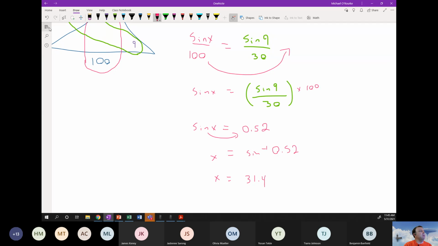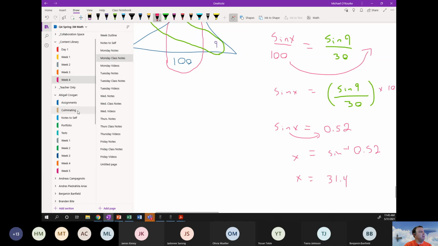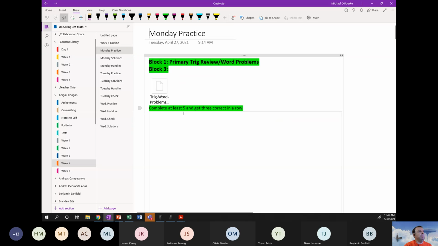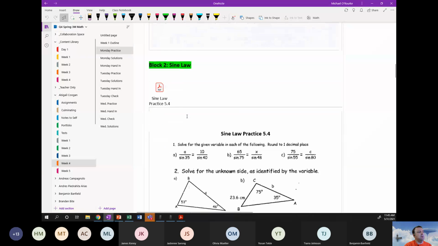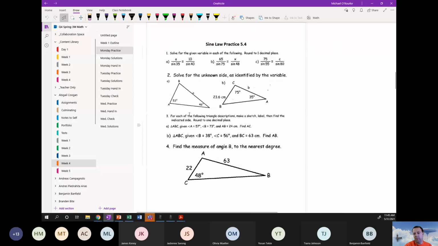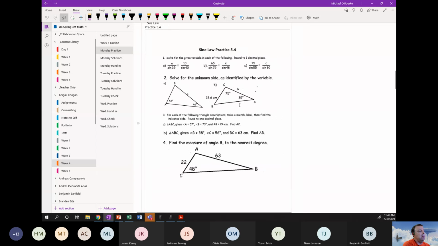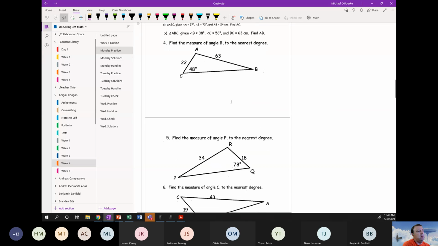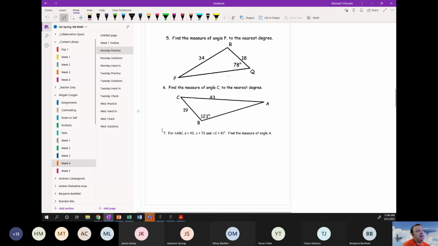So let's take a look at homework real quick. Make sure I touch everything you need to know. Monday practice. Yeah, I just need help with your calculator, Yosan. Some of these you have to draw the triangle. They ask you to draw the triangle out.